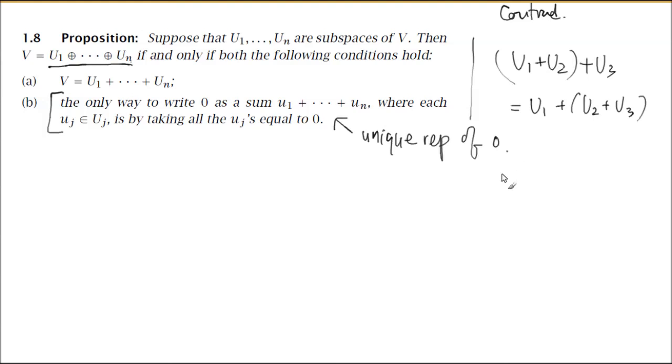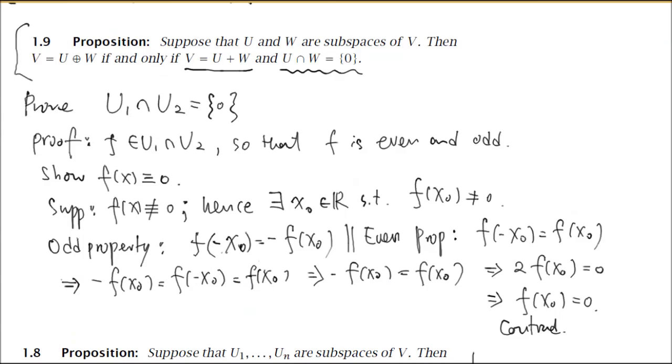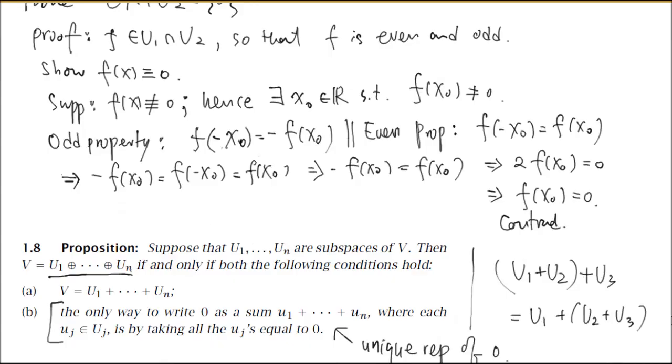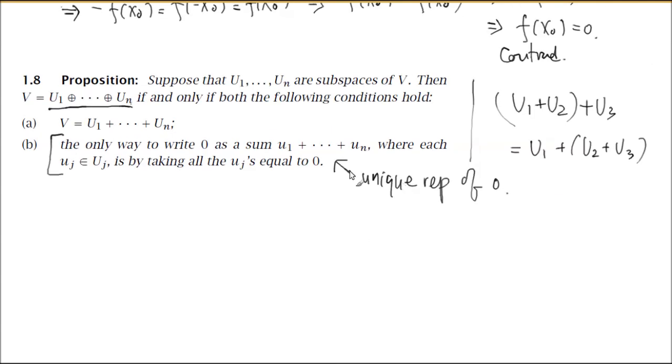If you check just 0, that is sufficient to check all elements. That's what the proposition says. But the definition is about unique representation of all elements, not just one element. The proposition says unique representation of 0. If you establish that, you're guaranteed that everything else has a unique representation. Okay?